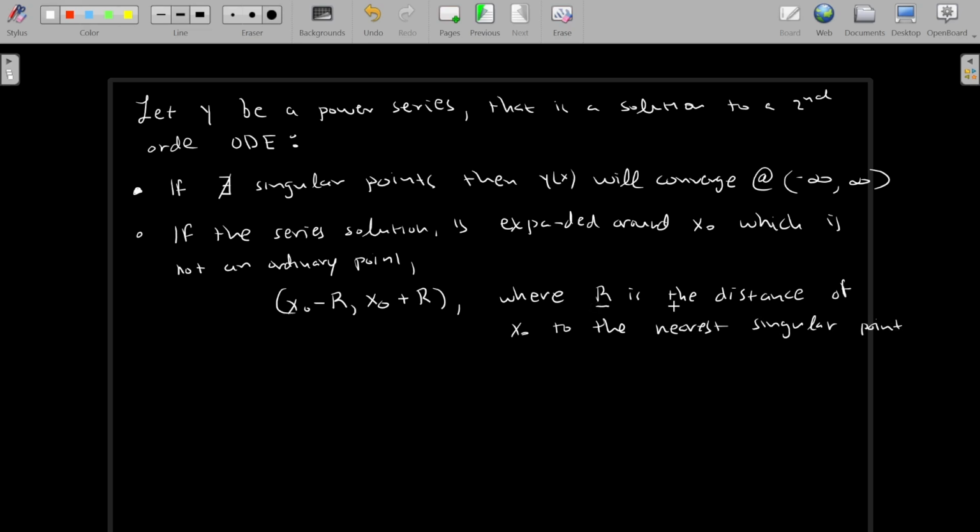R is also called the radius of convergence, and we'll see soon why.